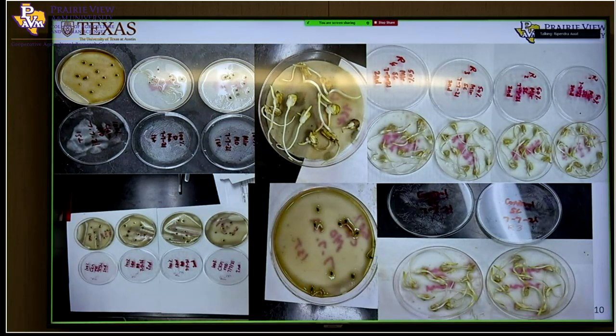And so these are just more pictures of how everything looked. This was the spinach, and then this is the sweet corn.